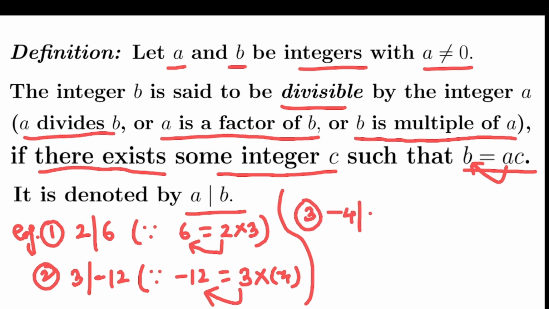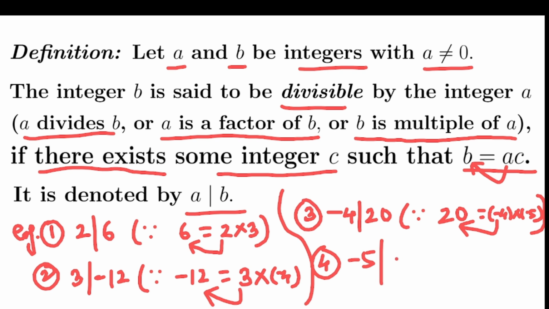So we can say that 3 divides minus 12. Minus 4 divides 20 because we have an integer minus 5 for which minus 4 into minus 5 is equal to 20. So we can say that by definition of divisibility, minus 4 divides 20.